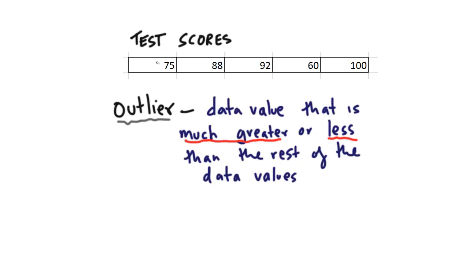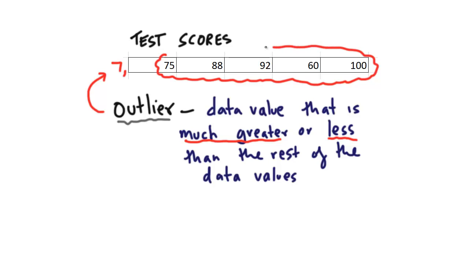So looking at our test scores, let's say you have a score that is a 7, right? The 7 is referred to as the outlier. Okay, because the 7 doesn't really fit in with the rest of the data values. So the 7 is known as the outlier.